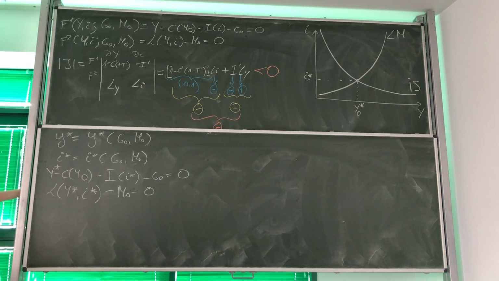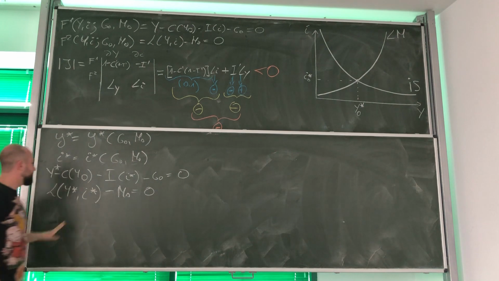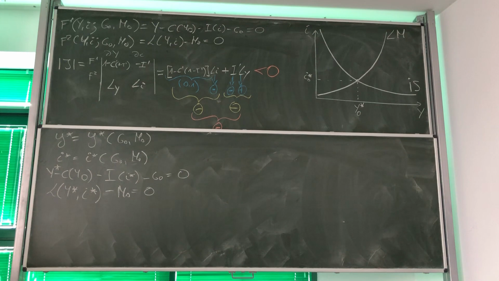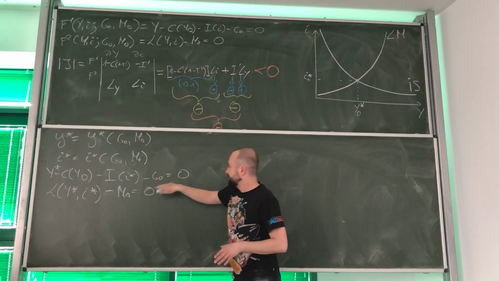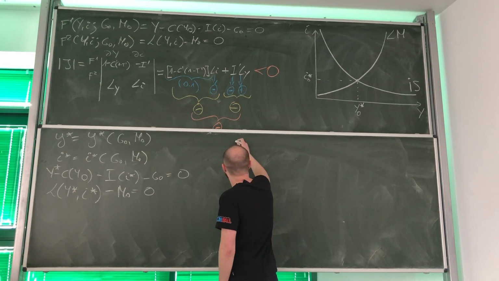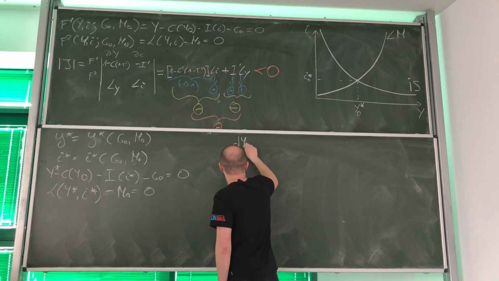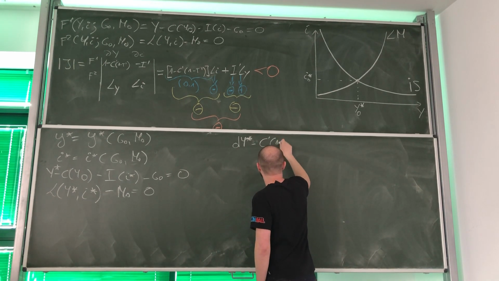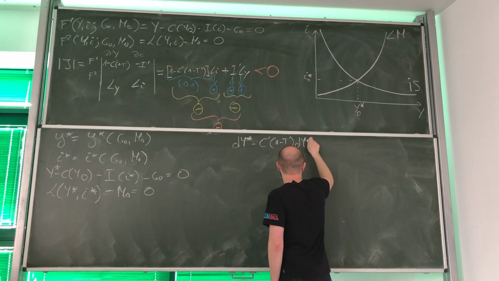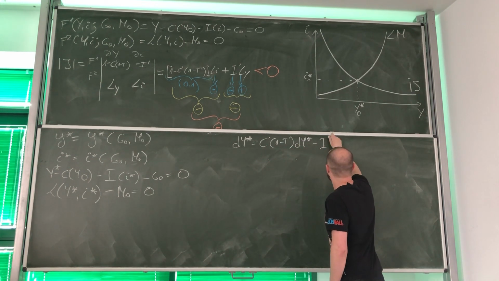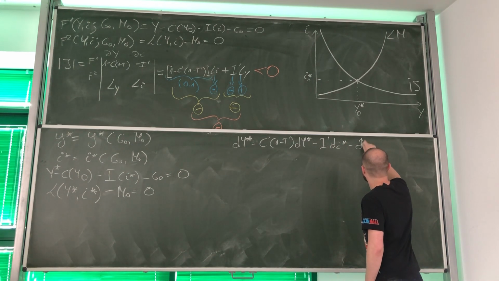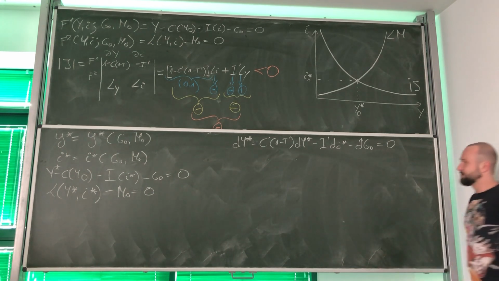Okay. So, what do we do now? Now, we're going to calculate total differential of both of these equations. So, I'm getting that this is dy* minus c prime (1 minus t prime) dy* minus I prime di* minus dg0 equals to 0.